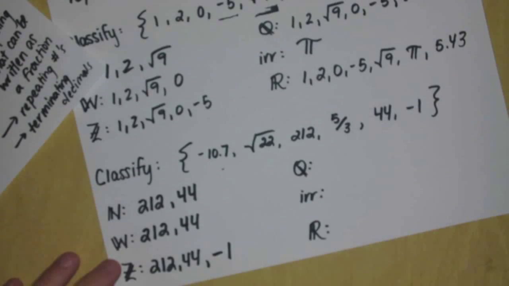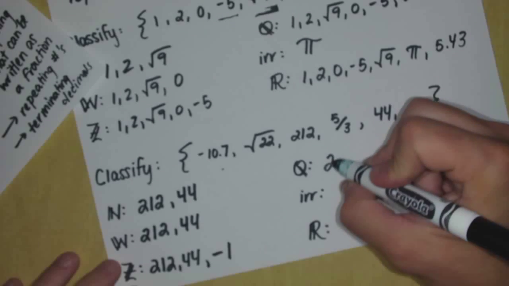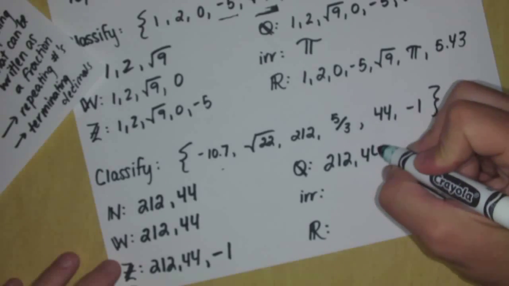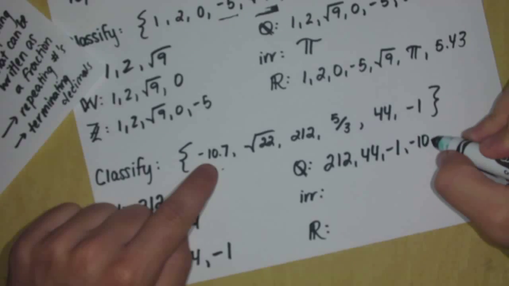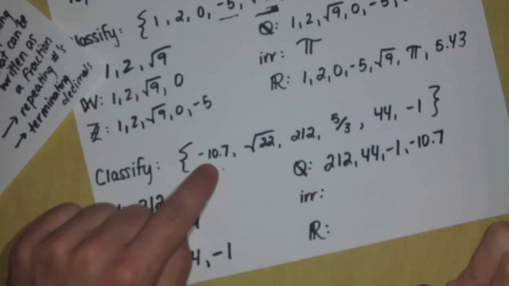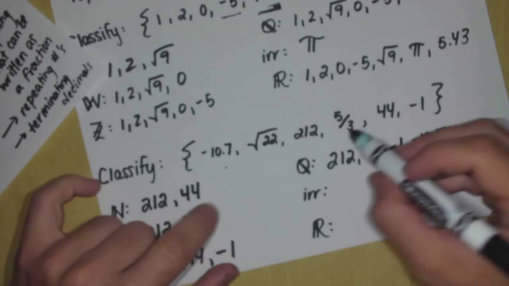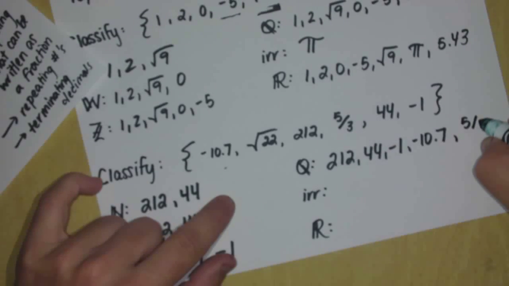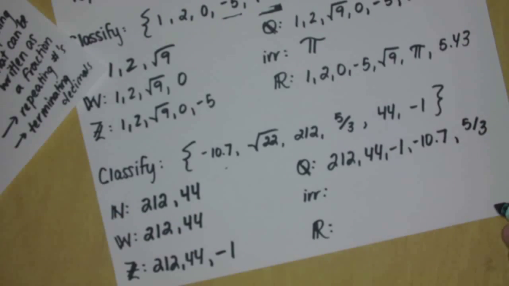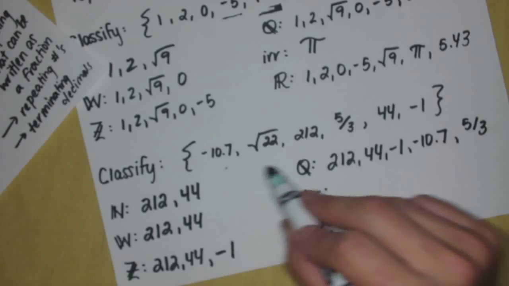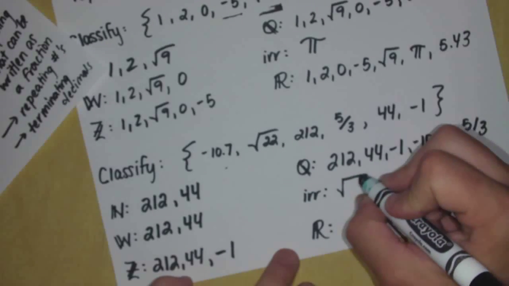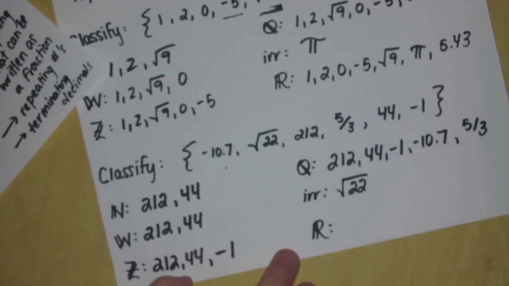-1 is an integer. Rational numbers would be anything I included from before, and any decimals, even if they're negative, that end, that's a terminating decimal, or fractions, 5/3. And then irrational would be anything that's not rational, and since I have 5 numbers there, that means there's 1 left over. I didn't use square root of 22, that would be irrational.